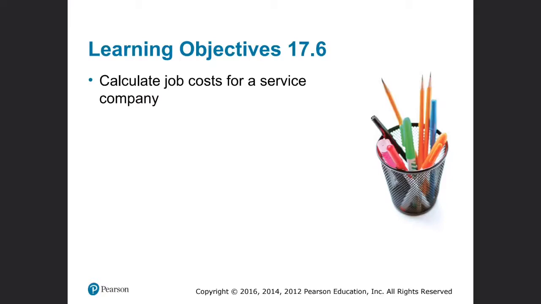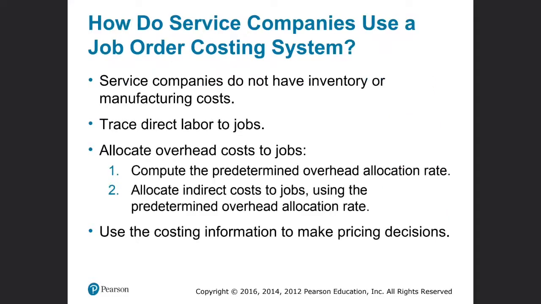Calculating job cost for a service company. So how do service companies use a job order costing system? Service companies do not have inventory or manufacturing cost. They trace their direct labor to jobs.